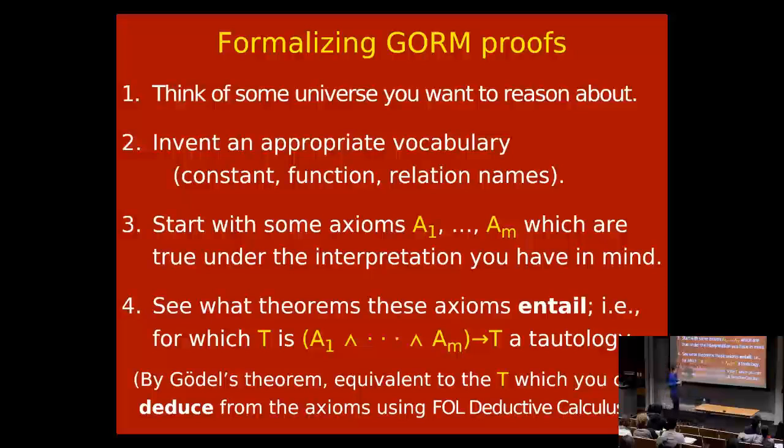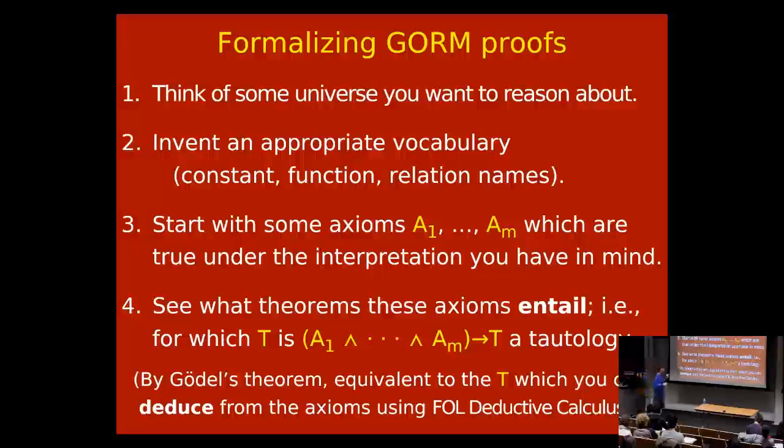Okay, and how does this sort of proof formalization project go? You think of some universe that you want to reason about. So perhaps if it's Fermat's last theorem, it would just be the natural numbers with multiplication and addition. And you invent some appropriate vocabulary that talks about the objects that you care about, maybe you have some function names for plus and times.